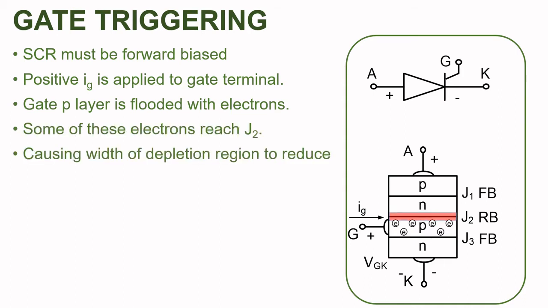Out of these electrons, some reach junction J2 and lead to a reduction in the width of the depletion region. If the width of the depletion region reduces, then there is a chance of avalanche breakdown of junction J2 at the applied anode to cathode voltage.